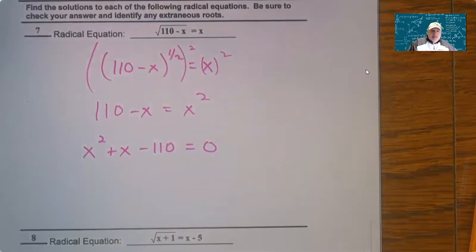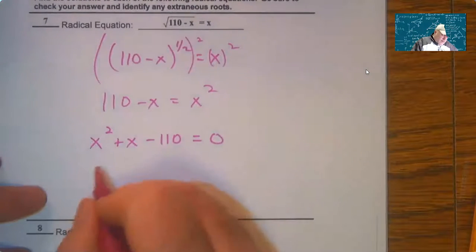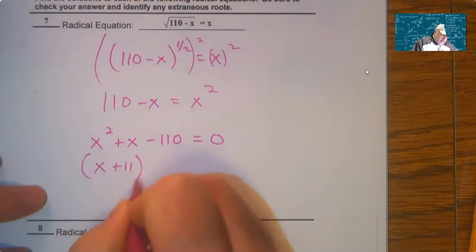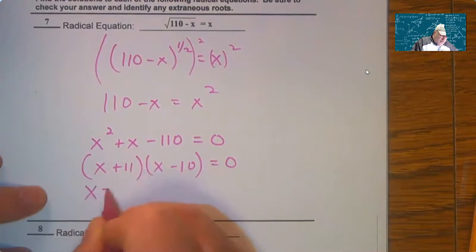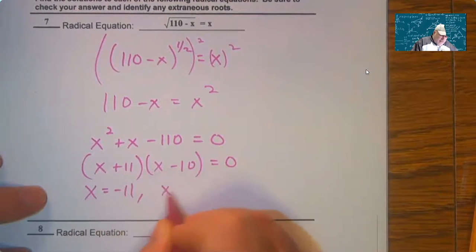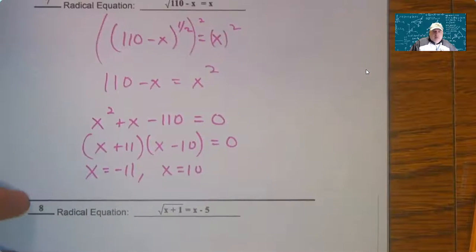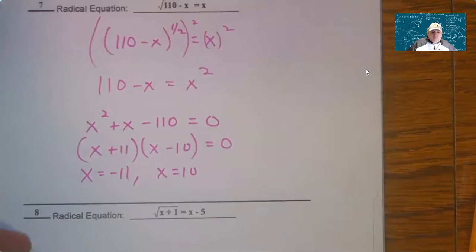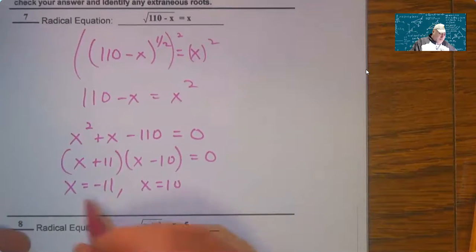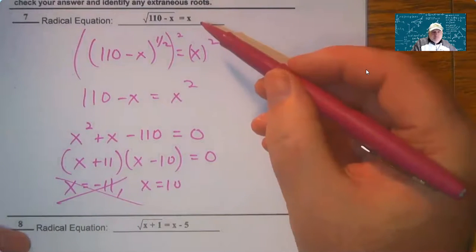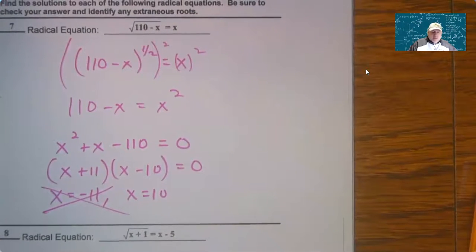Okay, so 10 and 11. So x plus 11 times x minus 10 equals 0. So we have -11 and 10 that work. You can just go find those two. The problem is -11 is extraneous. So if you put this in up here, you're not going to get a solution.